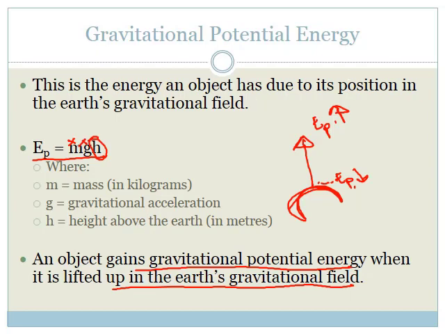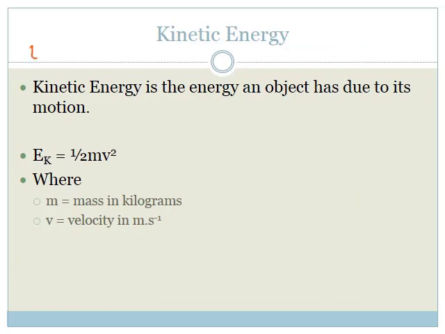Now, if we recall, we said that EMEC is equal to EP plus EK, right? So we've spoken about EP, which is the gravitational potential energy. Now let's talk about EK. Now EK is the kinetic energy, and this is the energy an object has due to its motion.